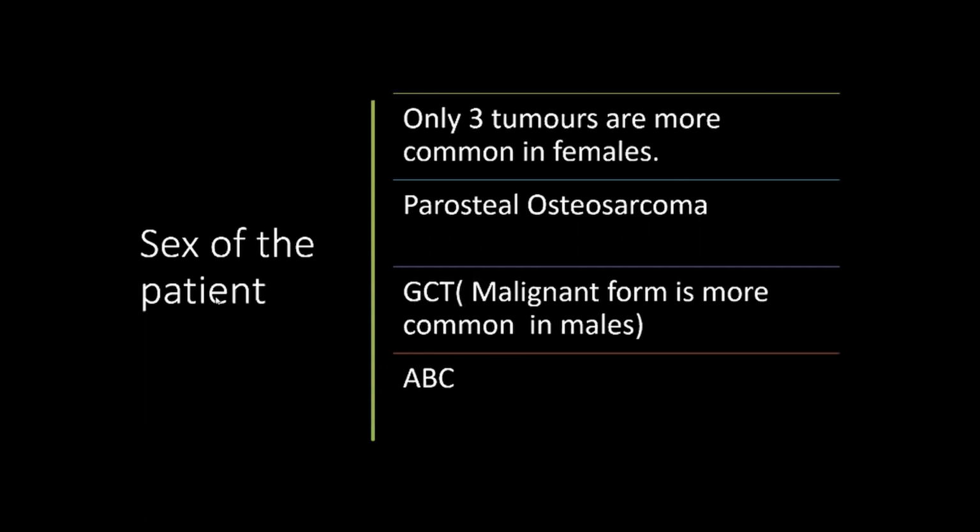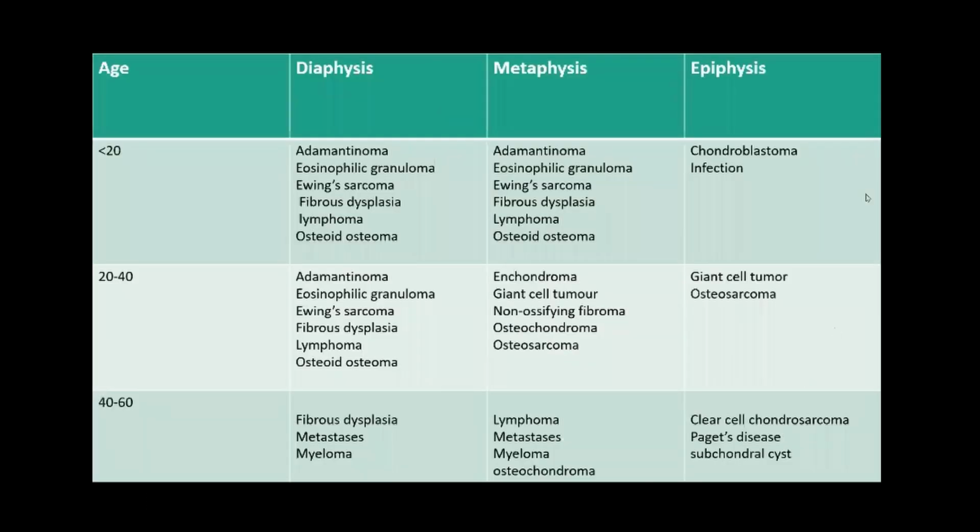Regarding the sex, I cannot say anything except that only 3 tumors are more common in females. All the other bone tumors are more common in males. These are parosteal sarcoma, giant cell tumor, and aneurysmal bone cyst. You can take a screenshot of this important table, which classifies according to the age and the site.